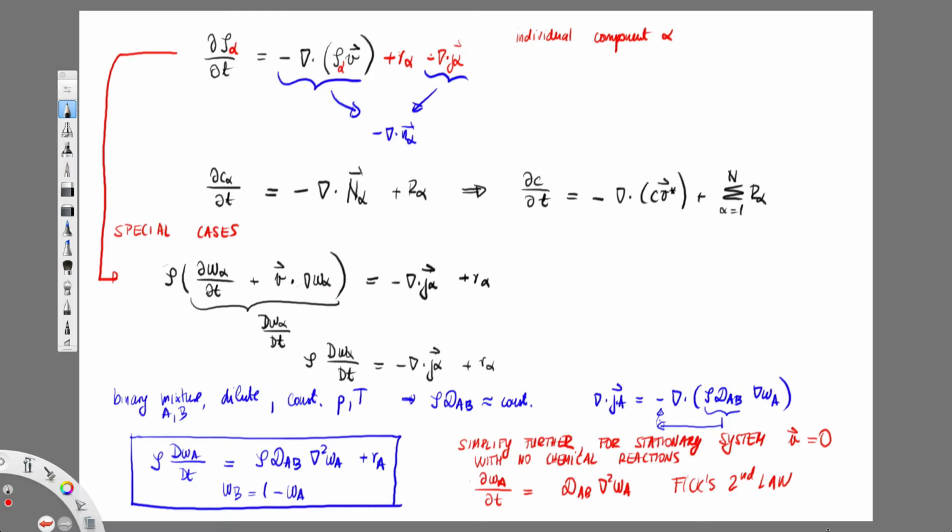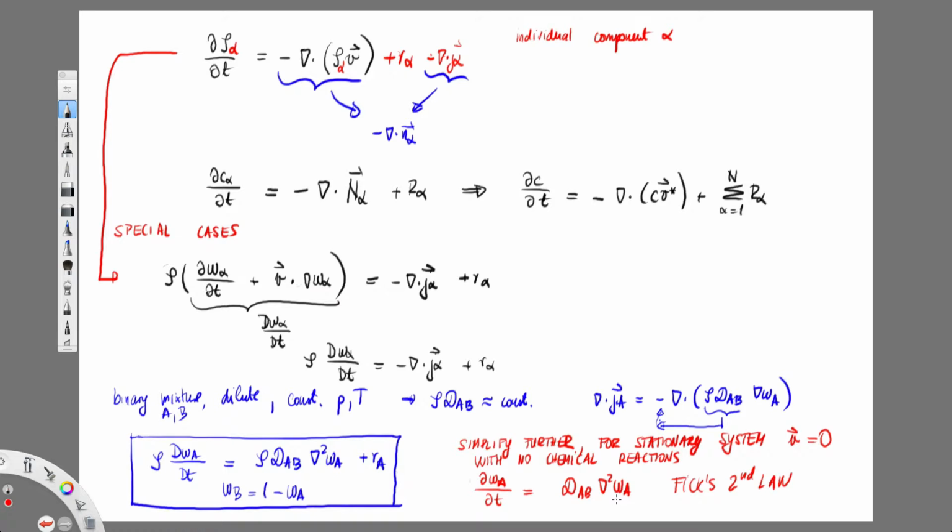So low as in low concentrations. Because in those cases, the higher you go in concentrations, your DAB starts getting dependent on rho A, or how much of that. Right? So that becomes a problem.